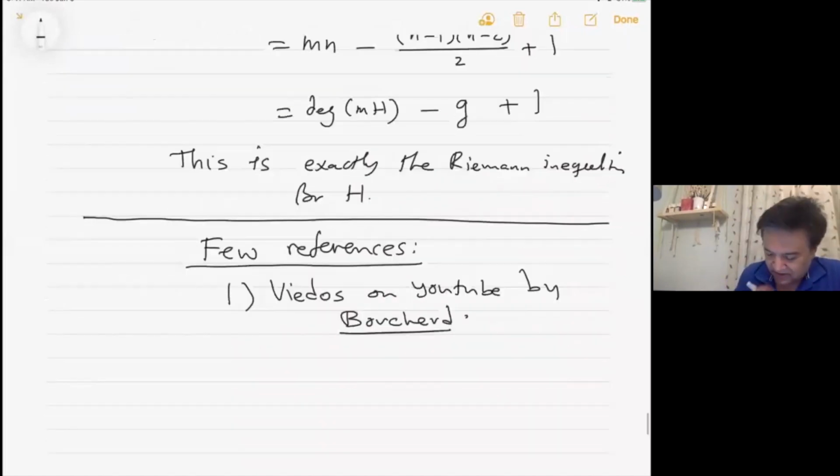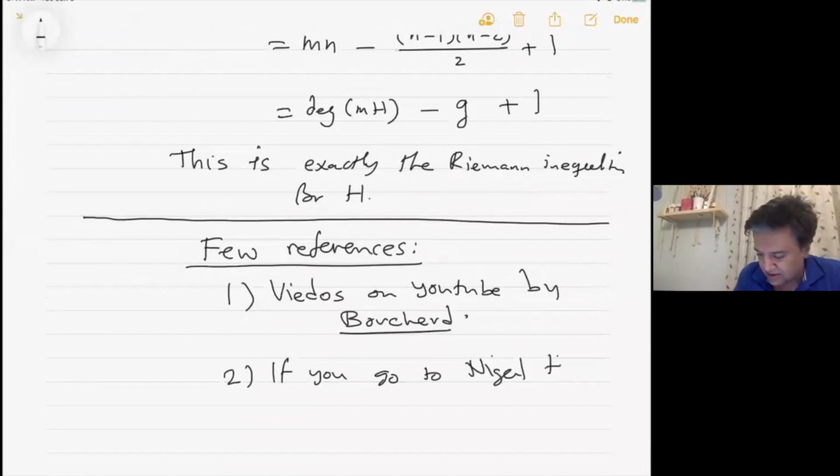The other reference is if you go to Jill Kitchen's website, under teaching, he has some notes on algebraic curves.